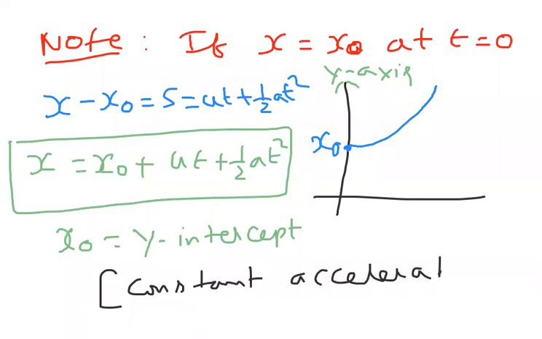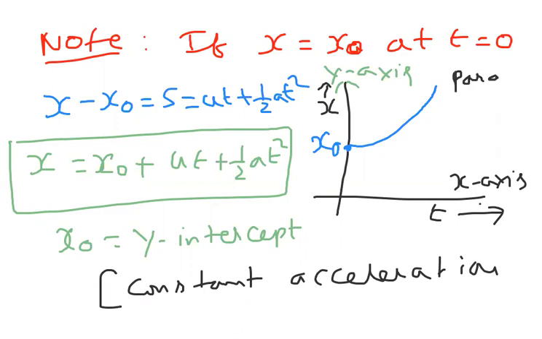For the graph, taking x on the y axis, x means position, on the y axis, and time on the x axis. The graph we got is nothing but a parabola with increasing slope.